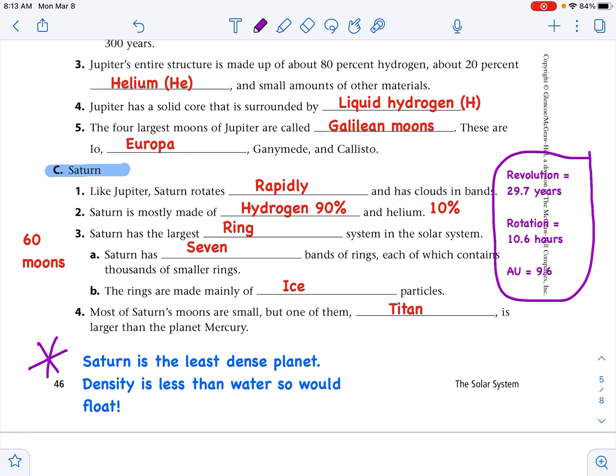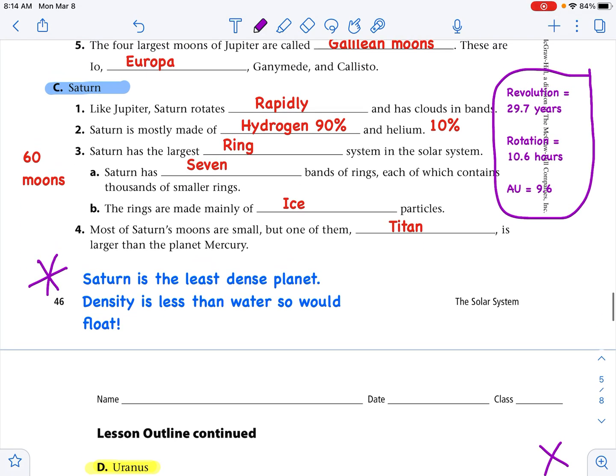Its period of revolution, so its year, once all the way around the sun, is 29.7 years. Its rotation on its axis, day and night, is 10.7 hours. And its AU is 9.6, so it's 9.6 times farther away from the sun than Earth is. So go ahead and pause this if you need to get this typed in.